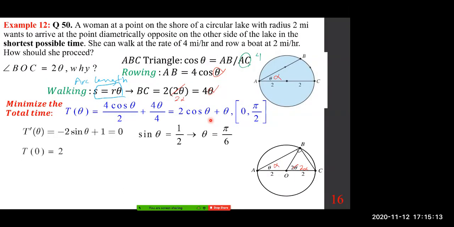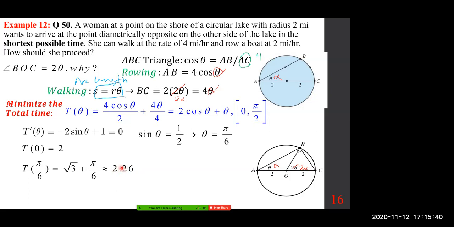I'm assuming everybody can see that when we plug in 0, we get 0 here, and then 0 here. Cosine 0 is 1 times 2. If we put pi over 6, cosine of pi over 6 is what? Square root of 3 over 2 times 2 makes it the square root of 3, plus theta, which is pi over 6. Precisely, and when we compare, we go with the decimal representation roughly.